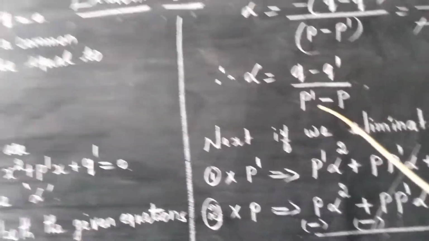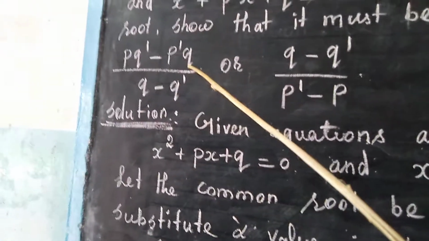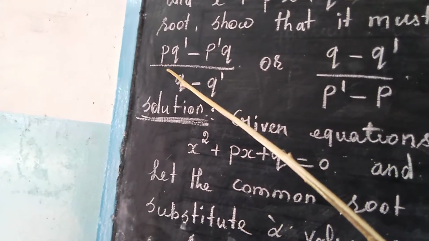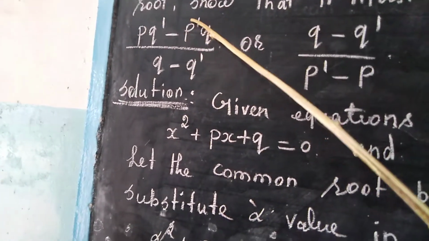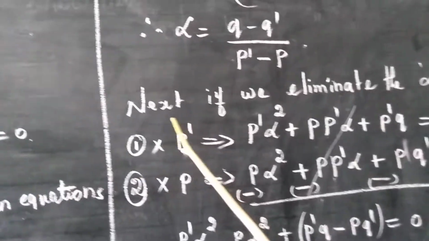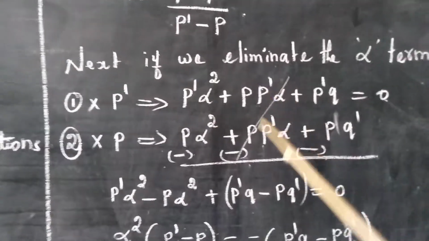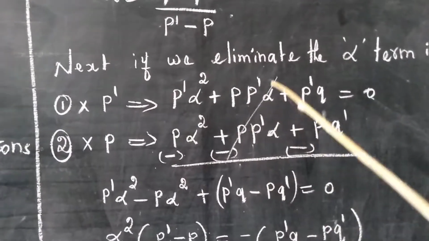There is another form of the root we have to find out, the same alpha value: (pq' − p'q)/(q − q'). For that, we take the same equations again, but now we eliminate the alpha term.